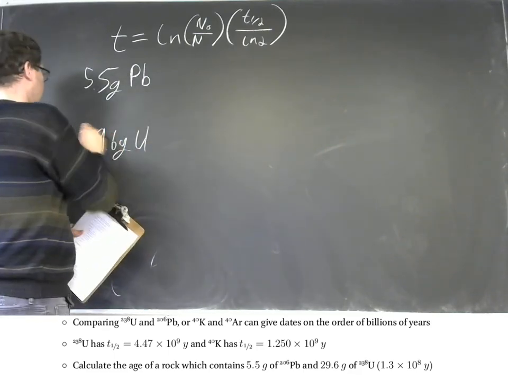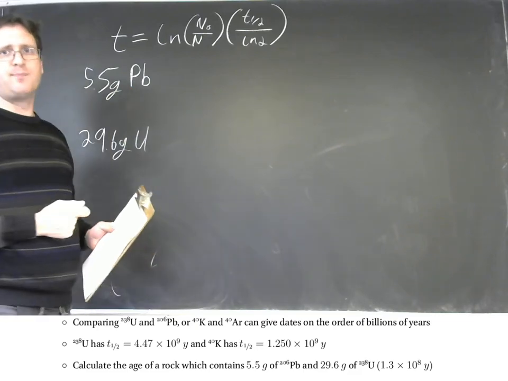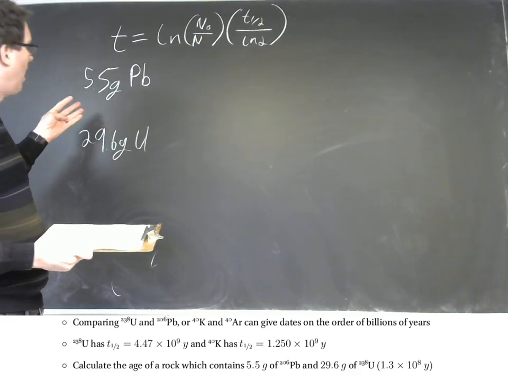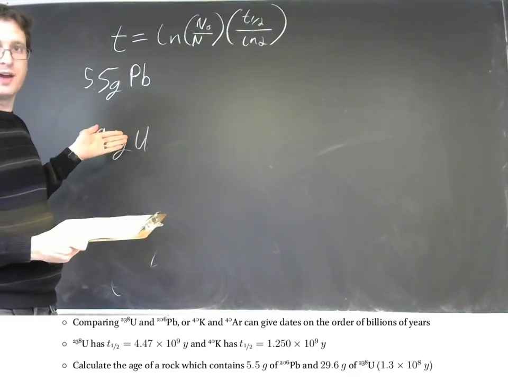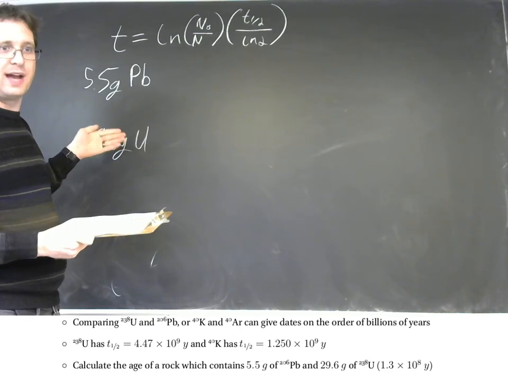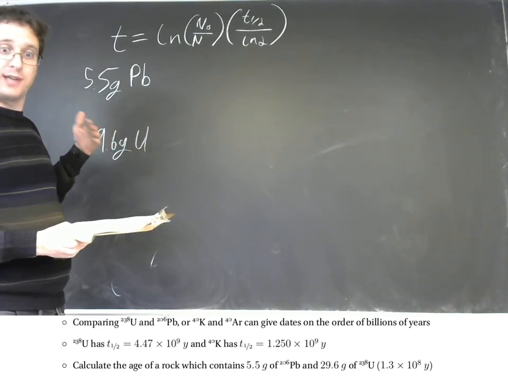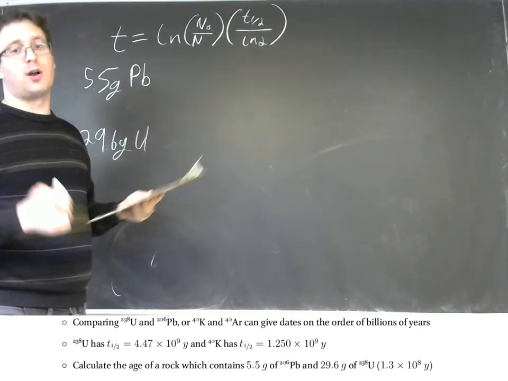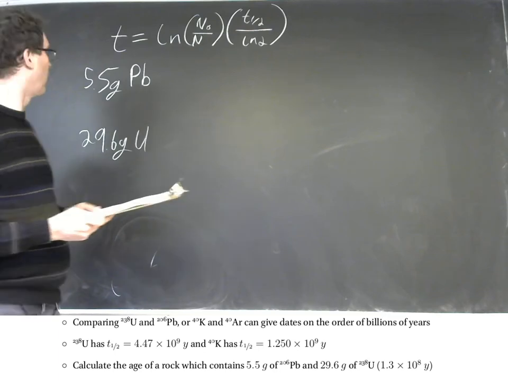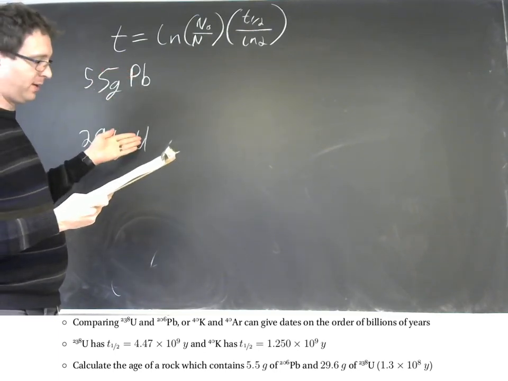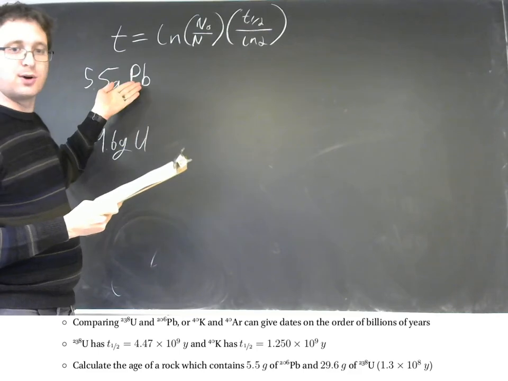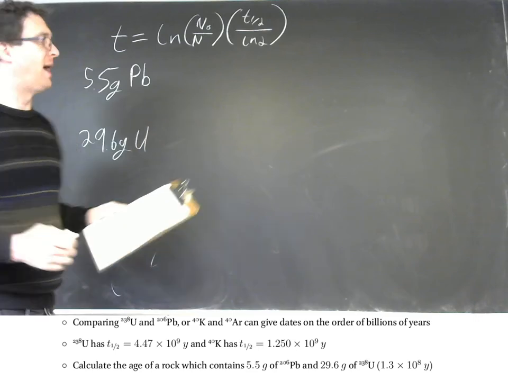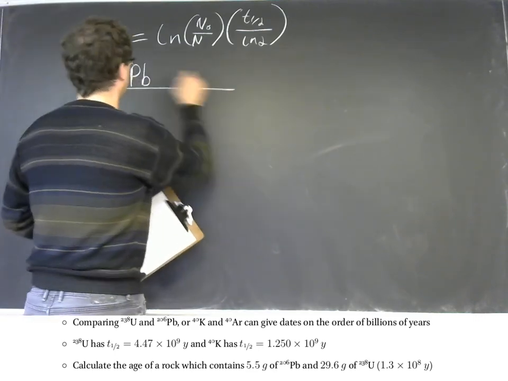So we can see that some of the uranium has decayed to produce lead, but we can't just use these numbers to compare directly, because when uranium undergoes that radioactive series, all those alpha decay events are shedding protons and neutrons. And so the atomic weights of the lead and the uranium are different, 238 versus 206. And so on a gram for gram basis, they have different molar amounts.